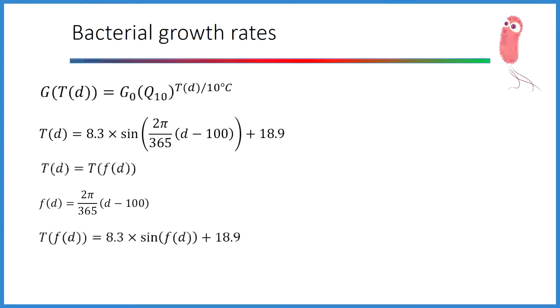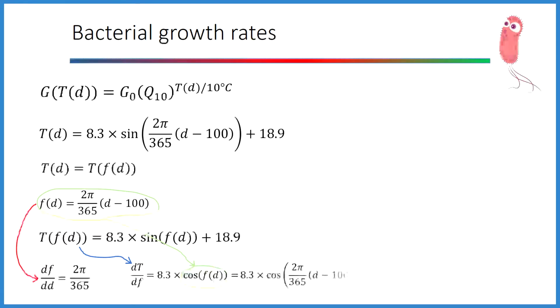First, we can determine that df dd equals 2 pi over 365. Next, we can calculate that dt df equals 8.3 times the cosine of f, which is equal to 8.3 times the cosine of 2 pi over 365 times d minus 100.